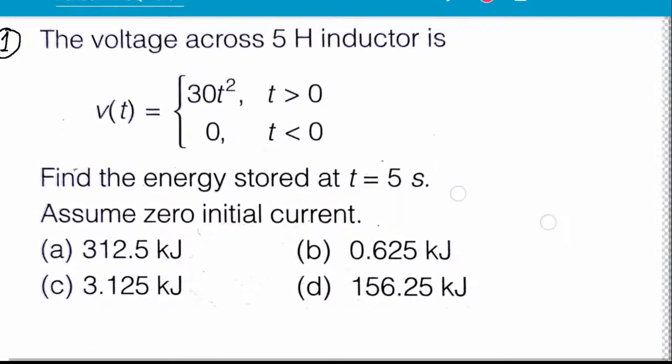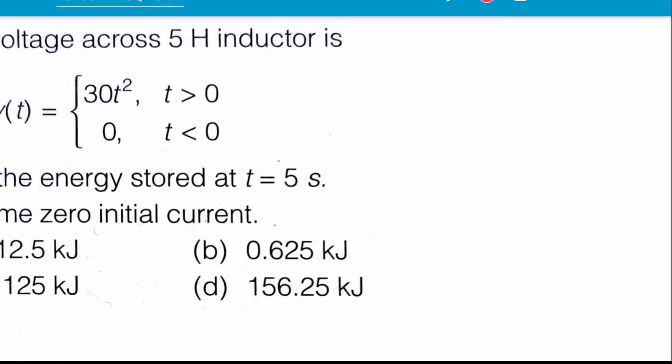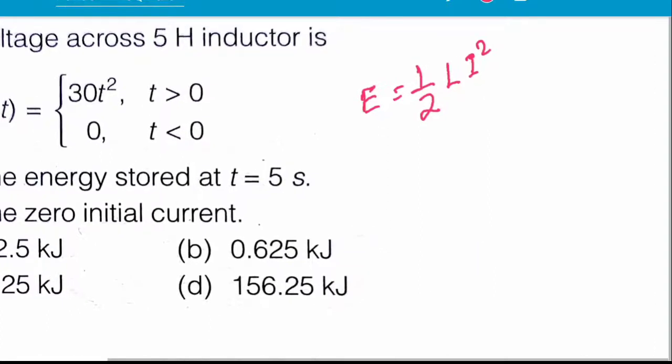So we know that energy stored in the inductor is given as E = ½ L I², that is half into inductance into current squared. Here inductance is given, which is constant, but we have to find out the current.